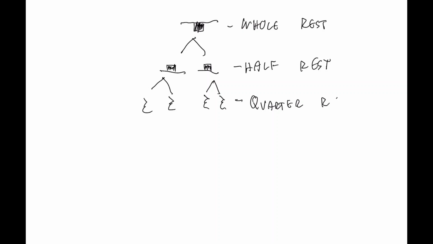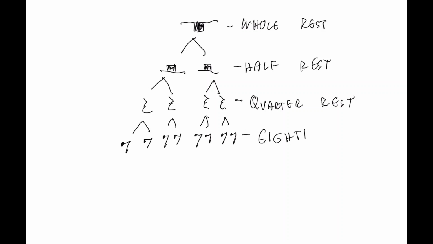That's our quarter rest. And each quarter rest can split into 2 eighth rests, which are created by drawing a little dot and then a kind of swoopy 7 off of that. That's our eighth rest, and here is our rest tree.